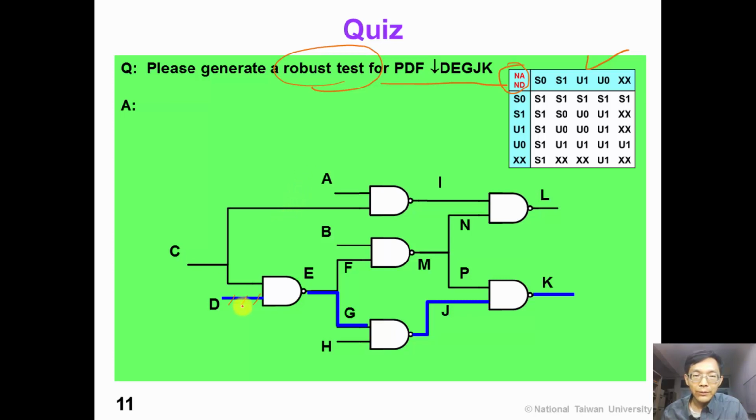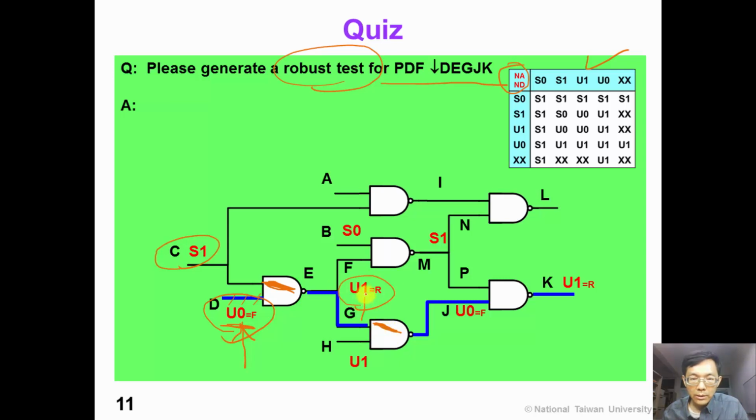Okay, have you finished yet? Here are the answers. As the starting point, we assign D to be U0, which is a falling transition. If we want a robust sensitization through this NAND gate, since 0 is a controlling value for the NAND gate, the side input must be static 1. And then we want to sensitize through this NAND gate.